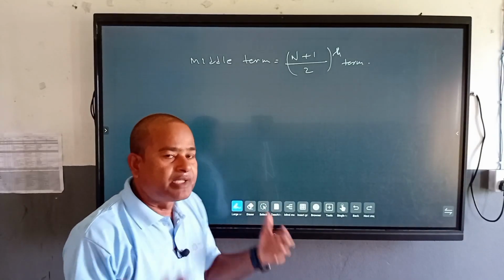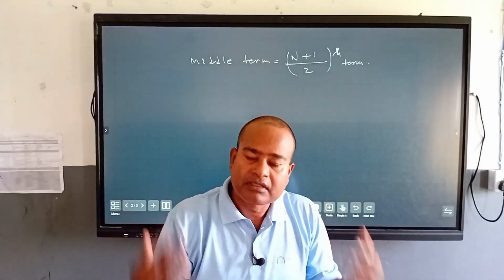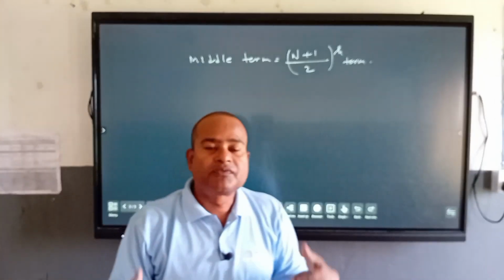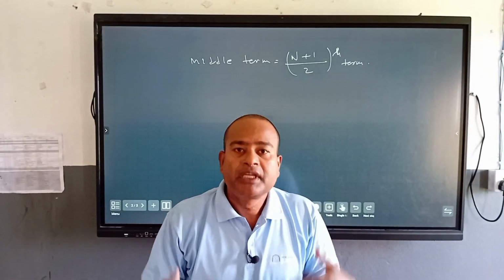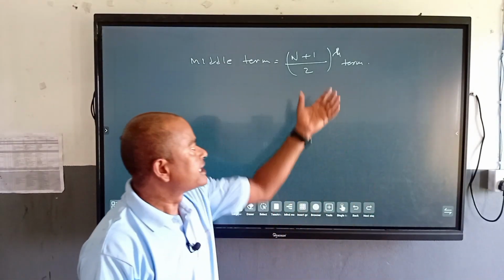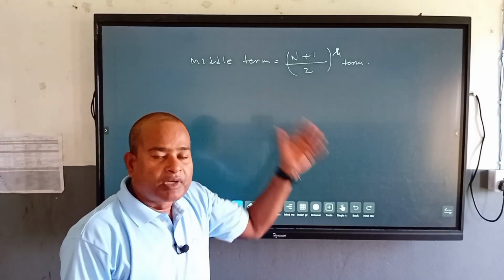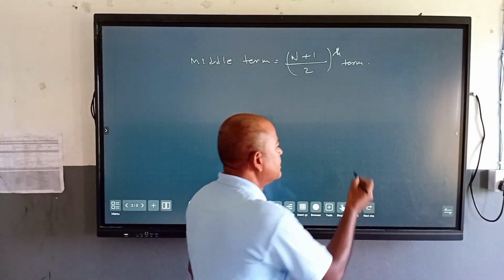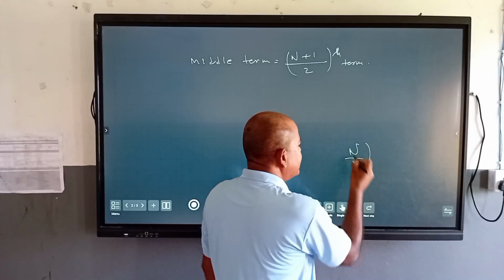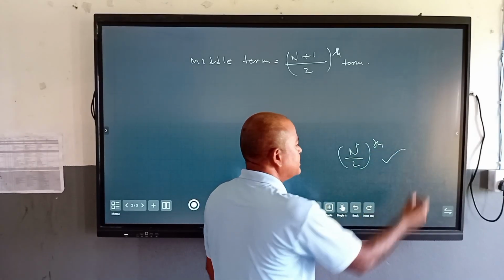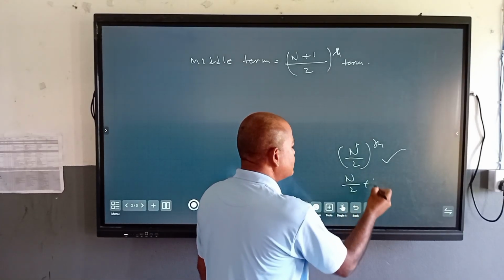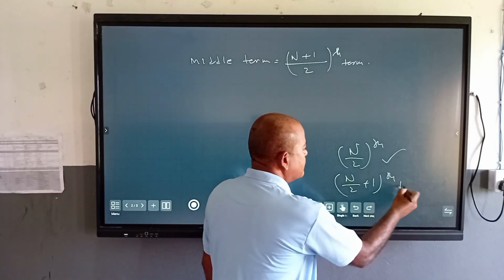We have to keep in mind, if the number of terms is odd, only then we use the formula (n plus 1) by 2 th term. But when the number of terms is even, the two middle terms are given by the n by 2 th term and the (n by 2 plus 1) th term.